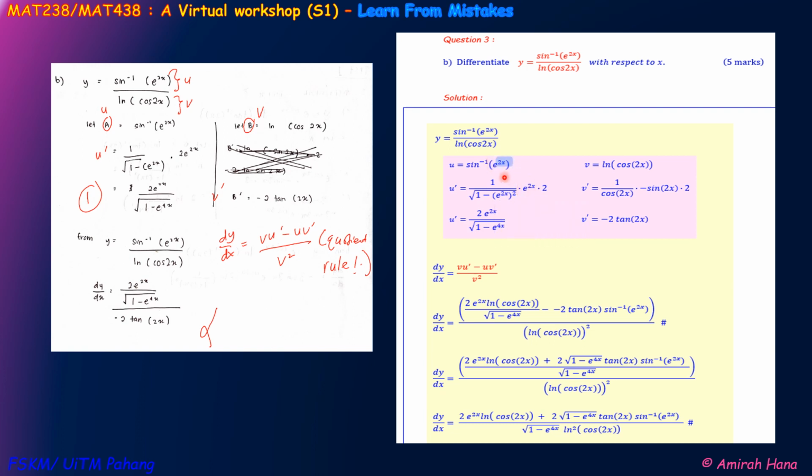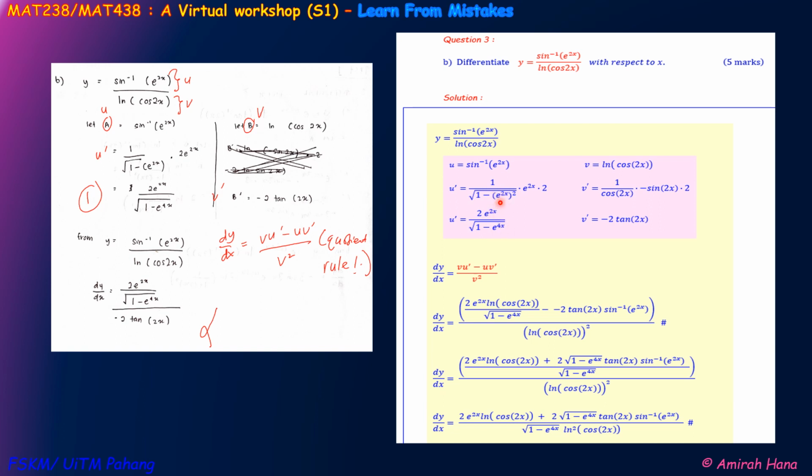Tapi jangan lupa differentiate pula 2x ni dapat 2. Okay, and in between here is multiplication operation. Alright. Lepas tu kita darab, susun je balik, dapat 2 e to the power of 2x over 1 minus e to the power of 4x.